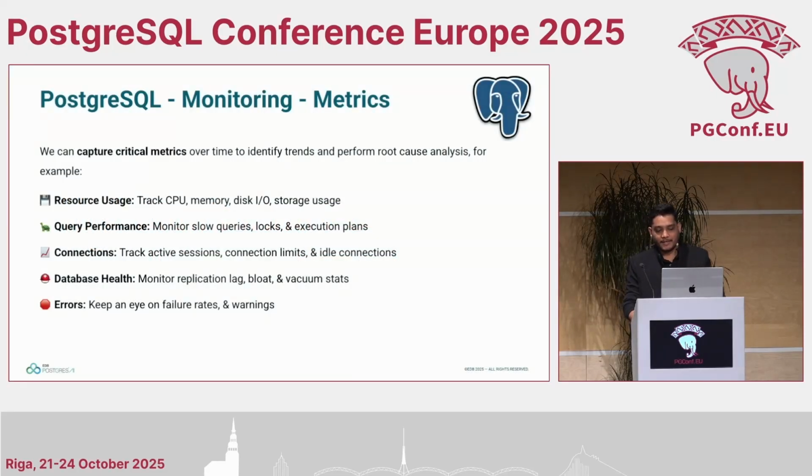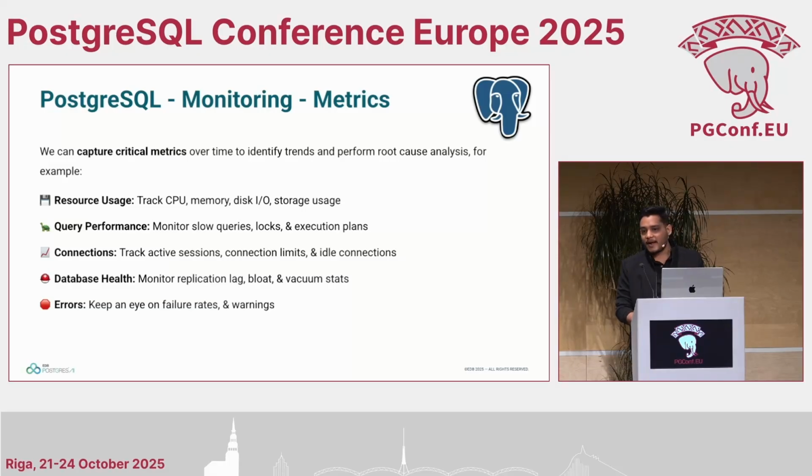For the metrics, these are some of the fundamental metrics which we can focus on. For example, our Postgres is running on a bare metal cluster, so we can track resource usage like CPU, memory, disk, IOPS, etc. We can also track the query performance and check query latencies through metrics.